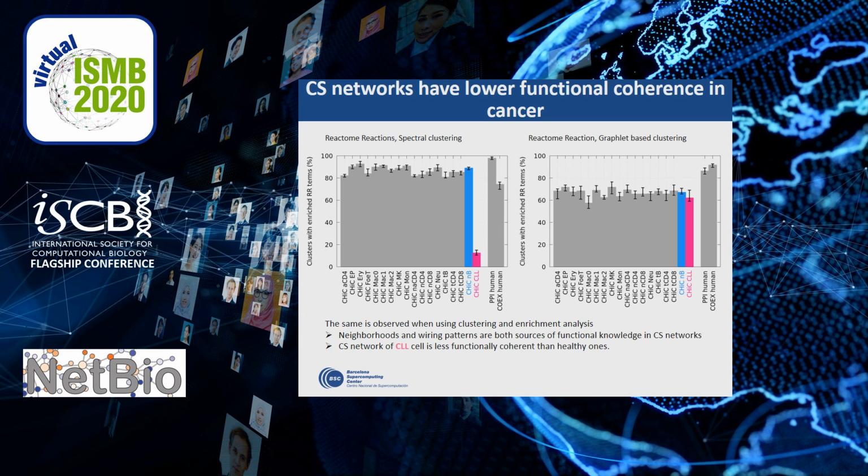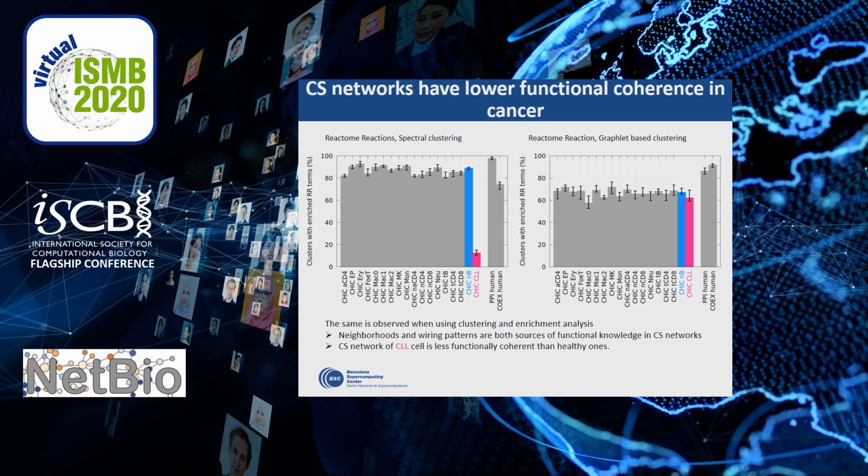On the right, we clustered together the genes using their graphlet degree vector similarity, so that genes that have similar wiring patterns, but independent of them being in the same neighborhood, are grouped together. Again, we obtain very strong enrichment in terms of biological annotations, but interestingly, for the chromatin structure network of leukemia cells, the clusters that we are obtaining using spectral clustering are significantly less enriched than the ones of the LC blood cells.